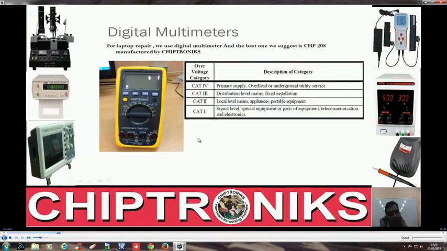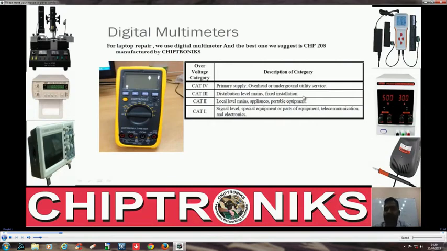So I suggest to use an auto ranging multimeter, and we divide multimeters into various categories according to the use. Category 4 is a primary supply, overhead or underground utility service, so this is not for our purpose. And category 3 is distribution level and fixed installation.